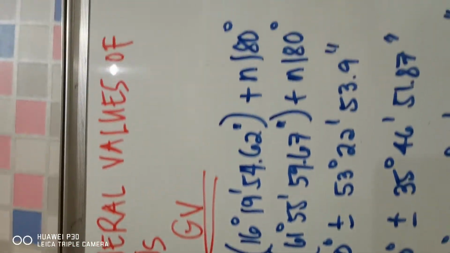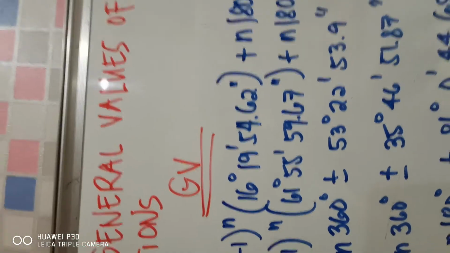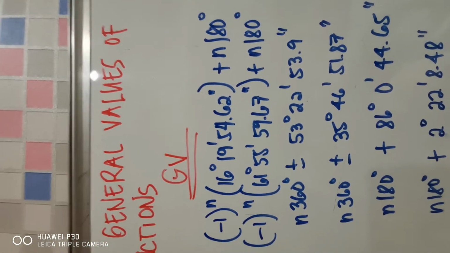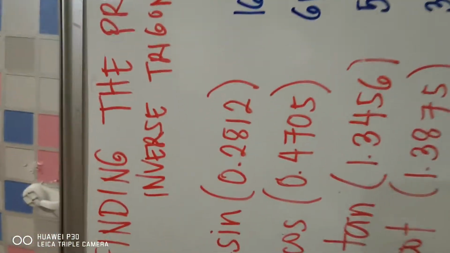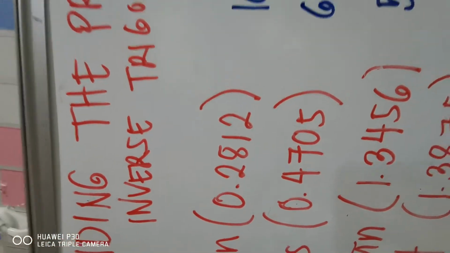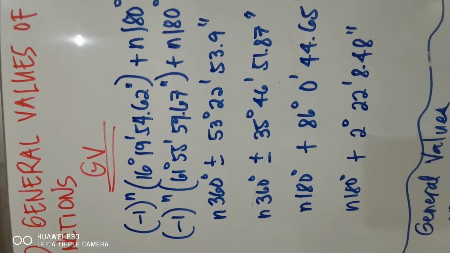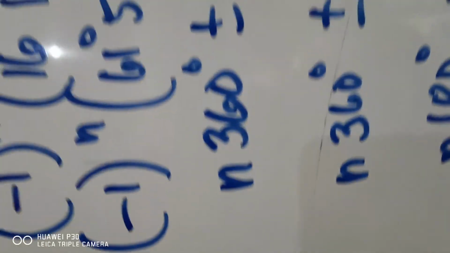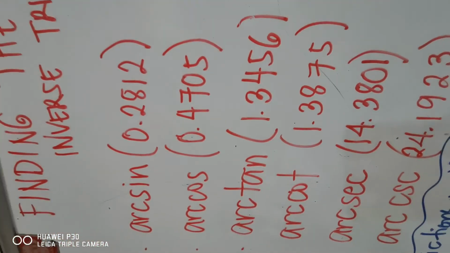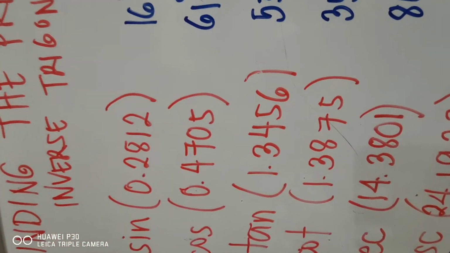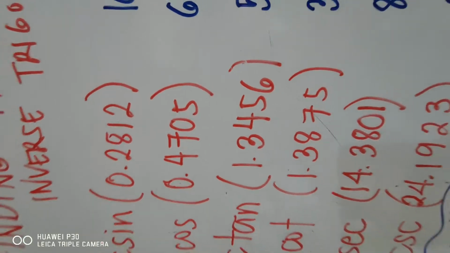Whatever angle measure you get there, the sine function will always come up with approximately 0.2812. That is the same with the cosine and also with the tangent. If you substitute any value for your n, you come up with a particular angle measure, and if you get the tangent function value of that measure, you will still get approximately 1.3456.